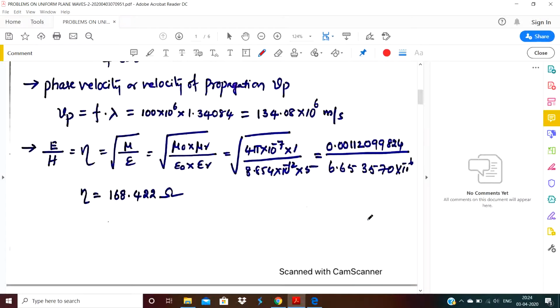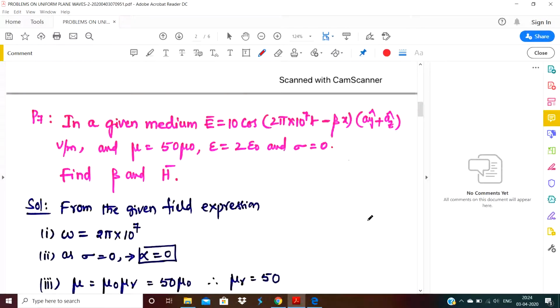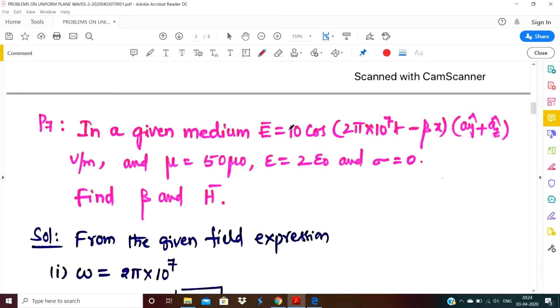Next problem: in a given medium, the electric field intensity E equals 10 times cos of (2 pi into 10 power 7 t minus beta x), which has two components, along the y direction and along the z direction.